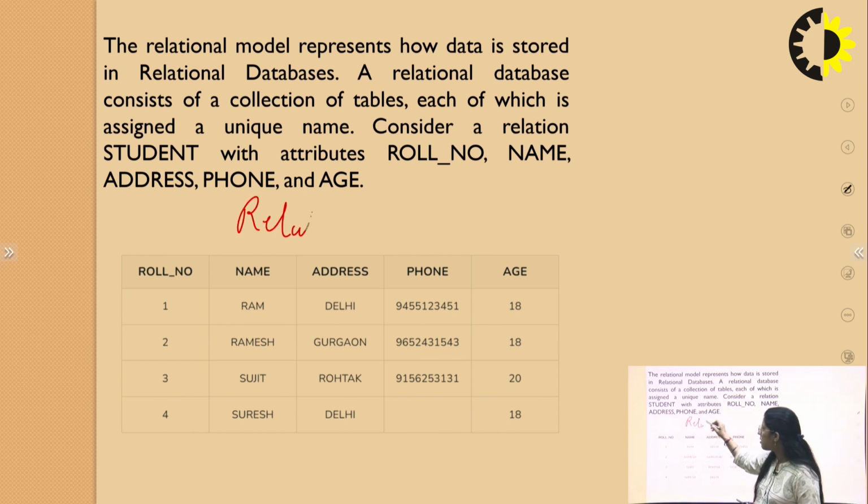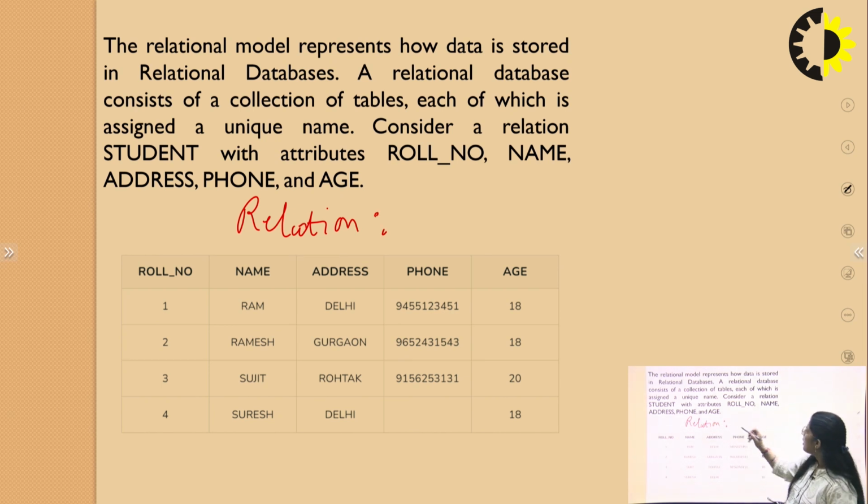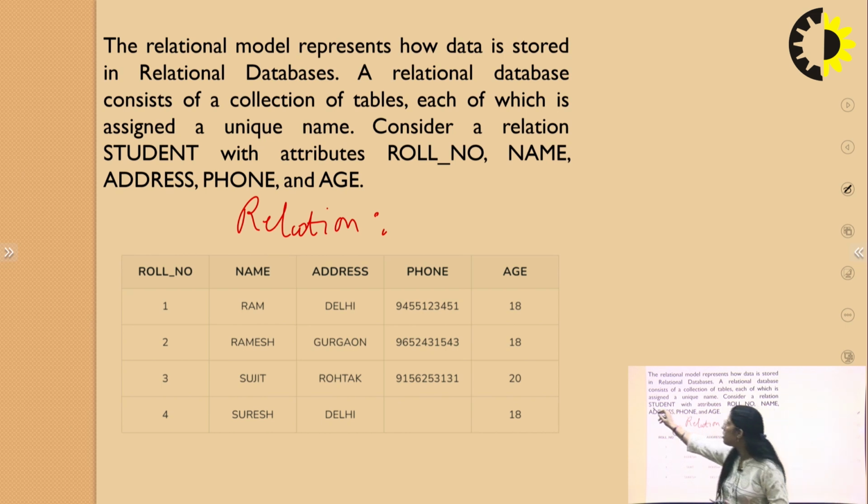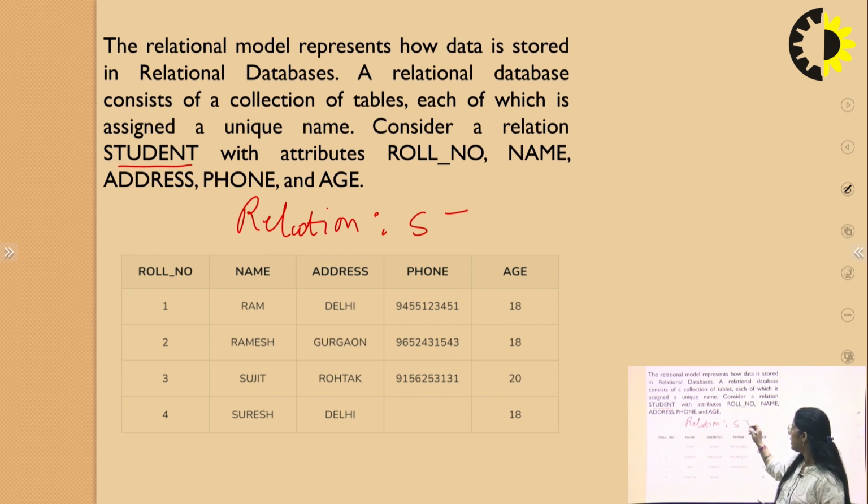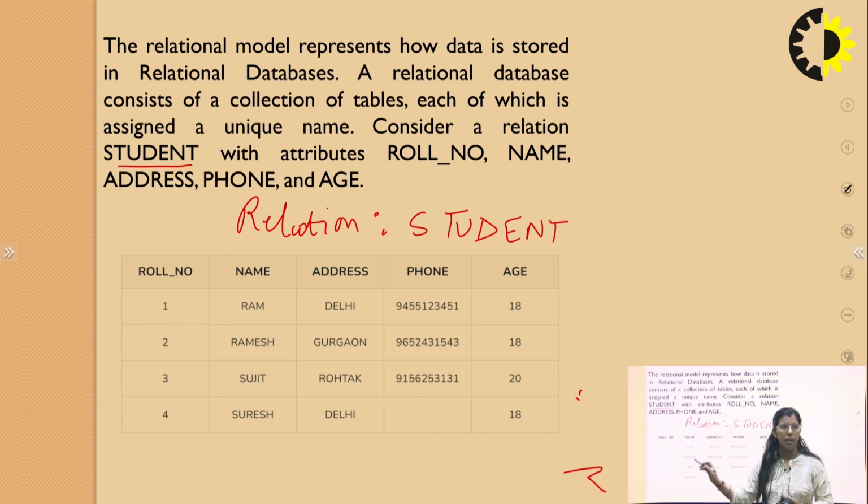Here is an example of a relational data model in which we call this table a relation, and the name of the relation will be, let's say, student. So this is the table name for this particular data, in which we have different columns and 4 rows.